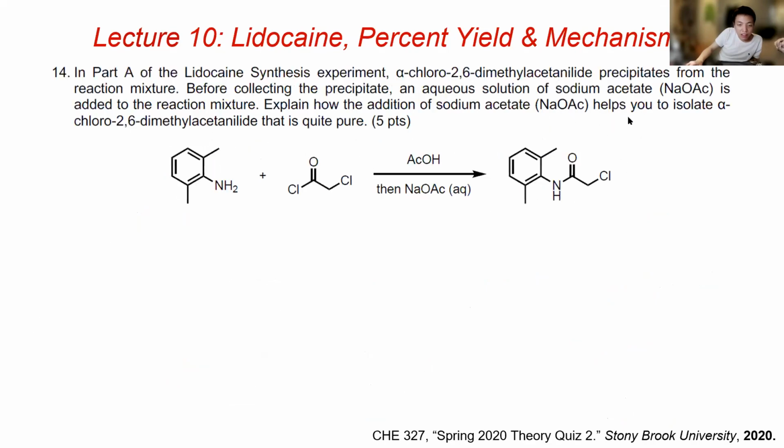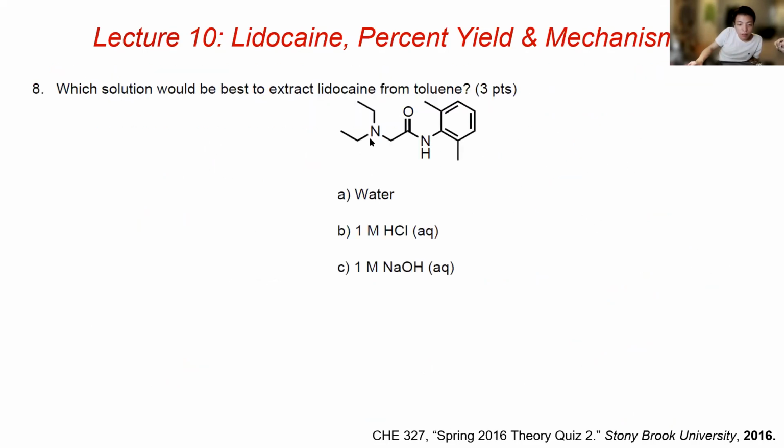We're using sodium acetate so the side products can be soluble in water, which isolates them away from our products. This one is a base, and we want to extract it with an acid. That's why we use HCl.